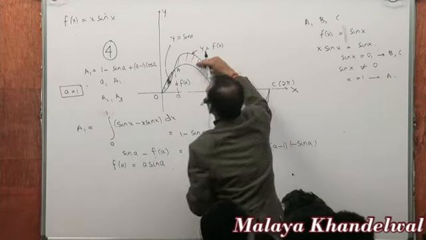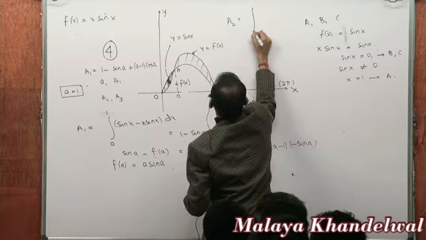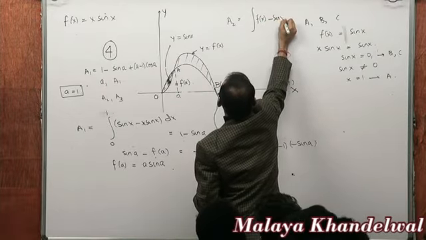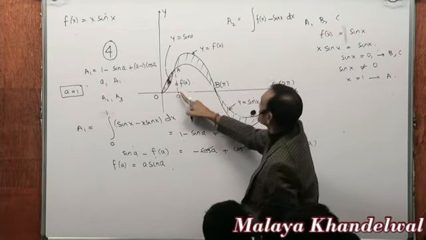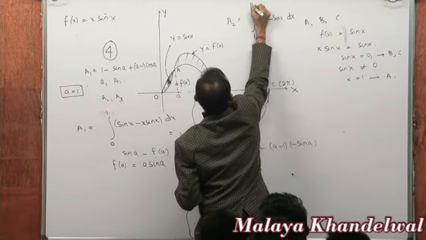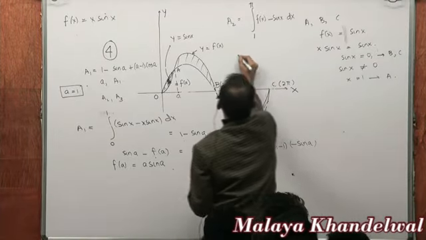Similarly, what's A2? A2 is this shaded region. A2 is going to be given by integral of (f(x) minus sin x) dx, where x runs from 1 to pi. Okay, f(x) is x sin x. You can integrate this. Then what is A3?